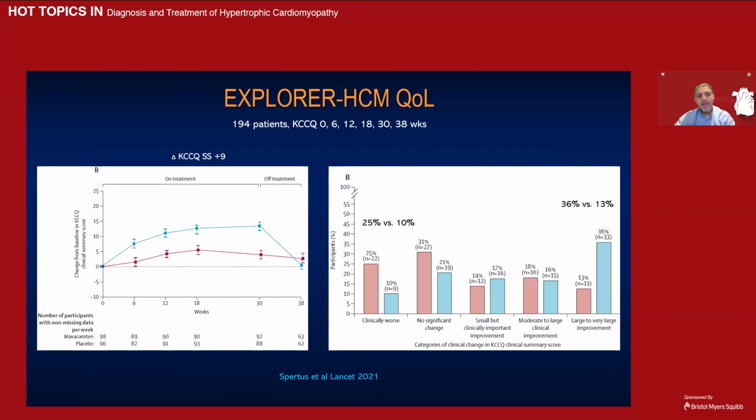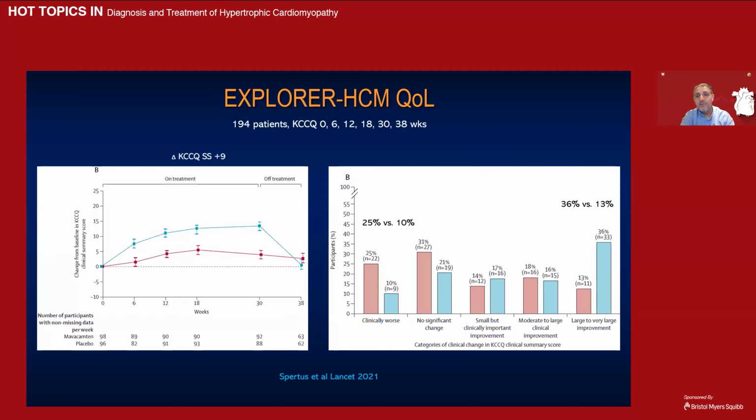They feel better. And this is data from the quality of life sub-study of the EXPLORER-HCM that showed that patients on average get about a 10-point increase in the KCCQ summary score when randomized to mavacamten compared to placebo. And when they are taken off therapy, this benefit goes away, further giving credence that this improvement in quality of life is due to the intervention.